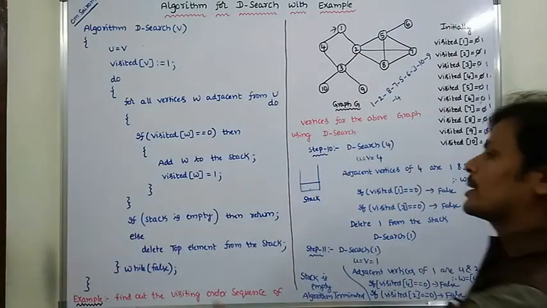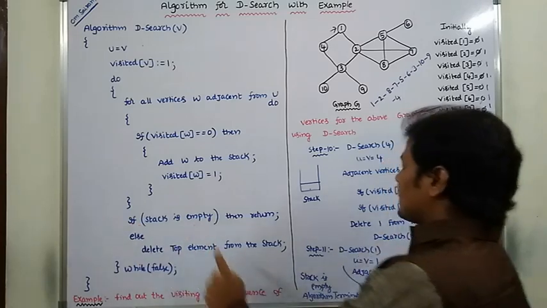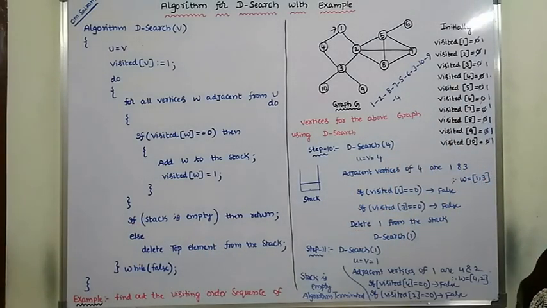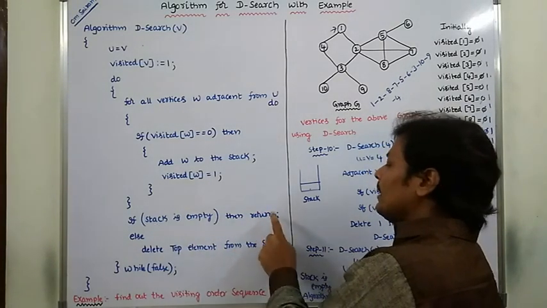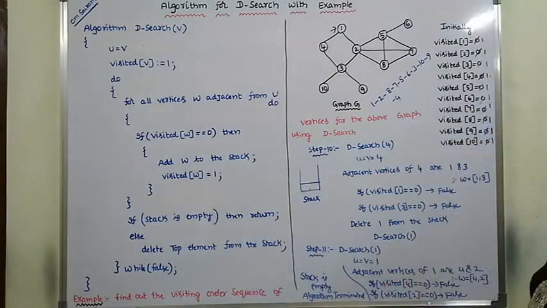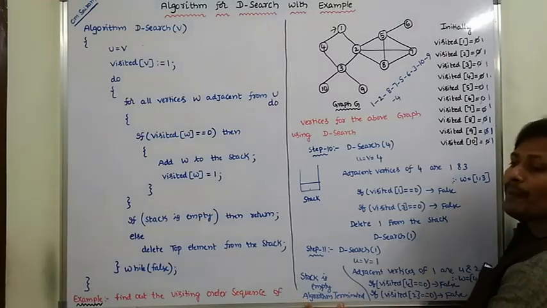Again control goes to the next statement after the for loop. If stack is empty? Yes, the stack is empty. There are no elements, so this condition is true. Then return. After returning, this algorithm is terminated.